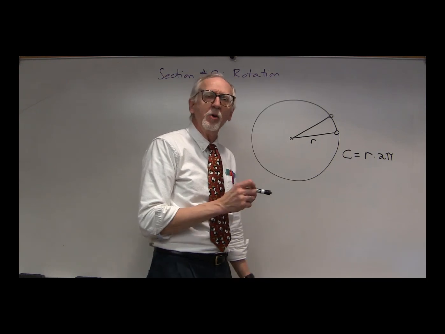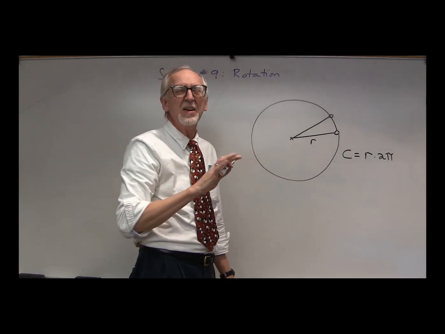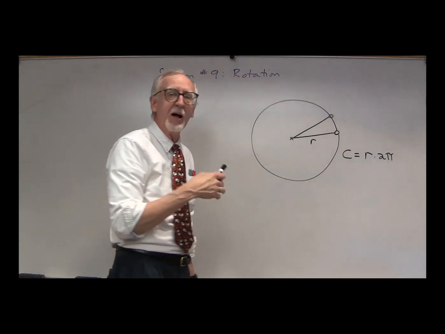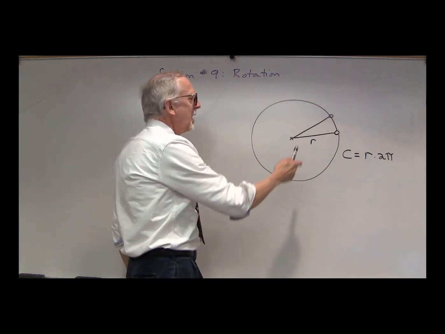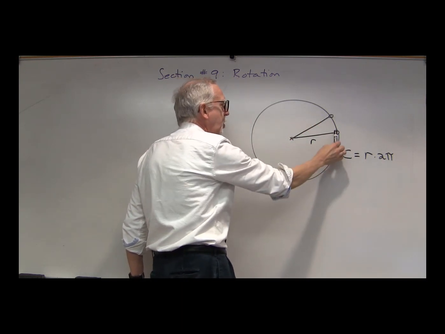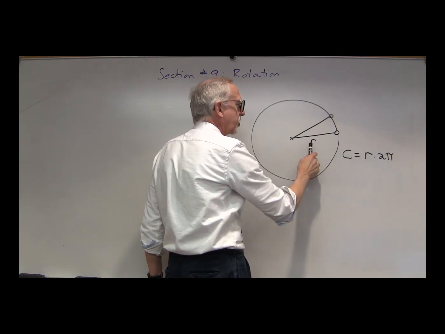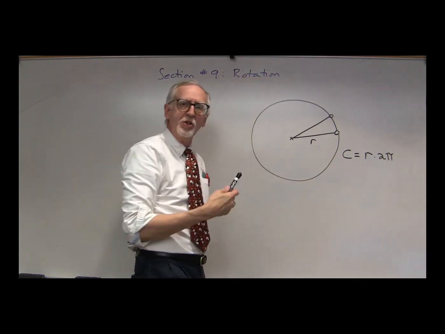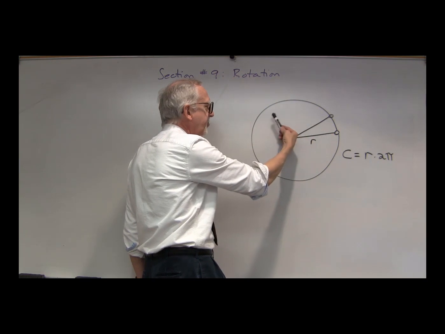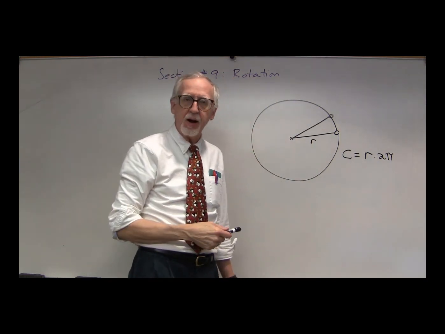Let's go back to our view of just a particle going around in a circular motion, but not necessarily uniform circular motion. The velocity could change in this case. If the object goes around an entire circle, we know that the distance traveled is the circumference, which is the radius of the circle times 2 pi, where 2 pi is the angle through which it rotated. One complete revolution is 2 pi radians.